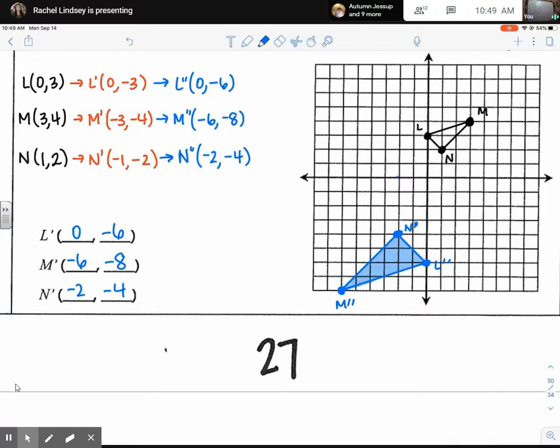And there's my final shape. Oh, I did it on the other one. So if you did graph your middle shape, that's where it would have been.